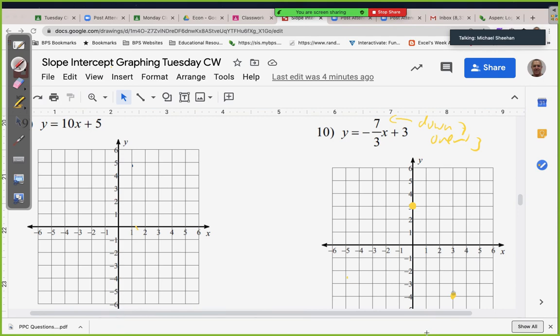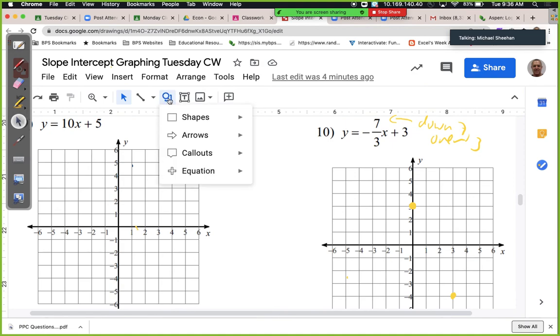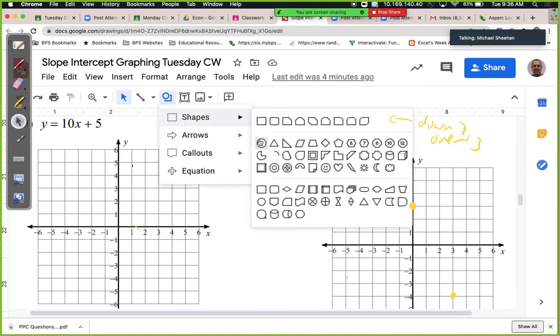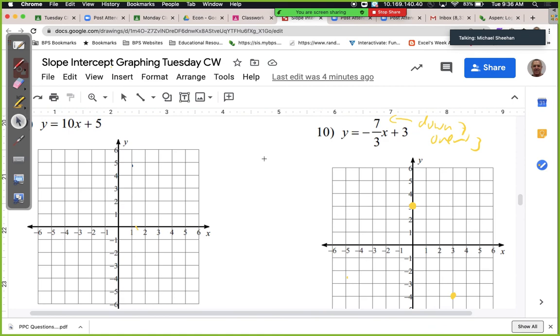But I have to use the computer to do this. So here's what we're going to do. This symbol right here, I'm going to choose this shape, and I'm going to pick circle. And I'm going to make a circle, and move it right where I want my first dot.